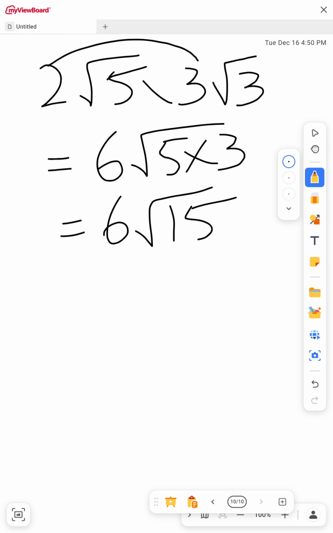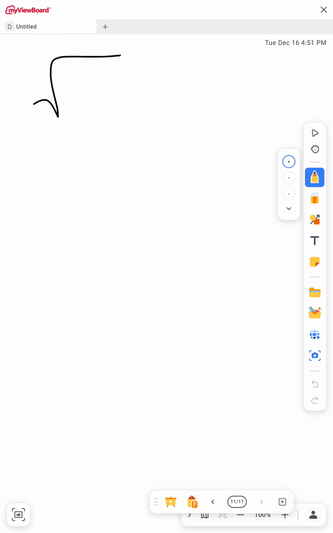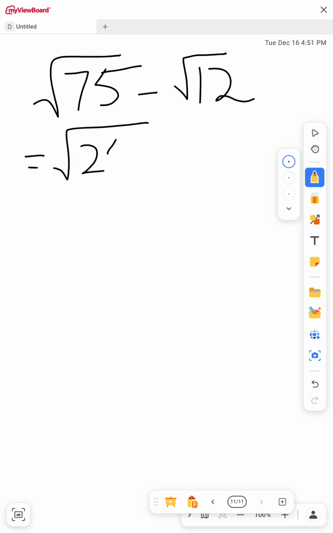Let's have a look at another question. This is square root 75 minus square root 12. Can I write 75 as 25 into 3 and 12 as 4 into 3?